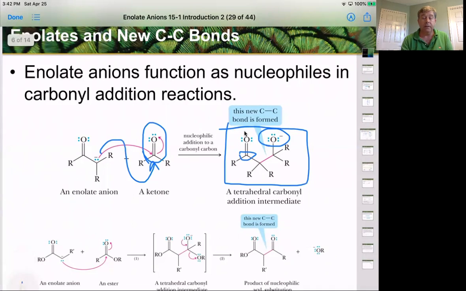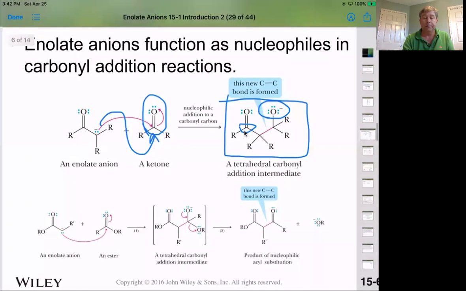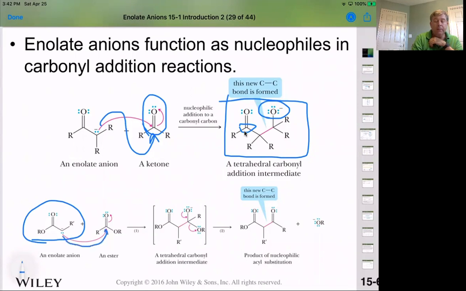All right, let's look at that very carefully again down here at the bottom. So we form the enolate here, and in this case, we're forming it with an ester. That anion on the enolate is attacking the carbonyl compound. When it attacks, the carbonyl compound opens up to give us this alkoxide, or the salt of the alcohol here, maintaining our carbonyl compound from our enolate.